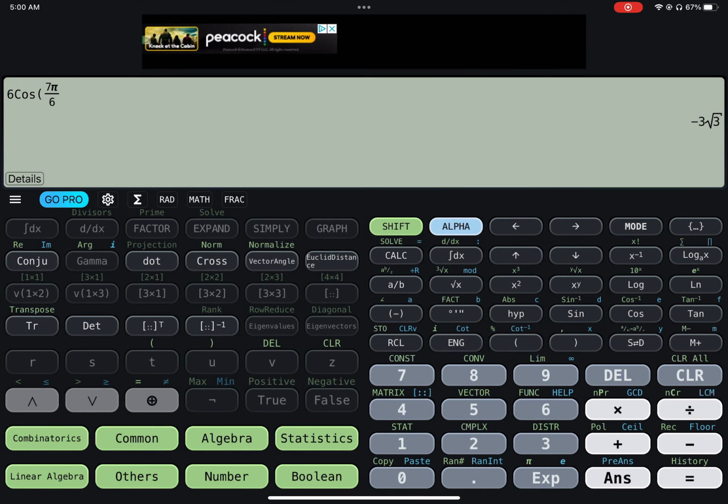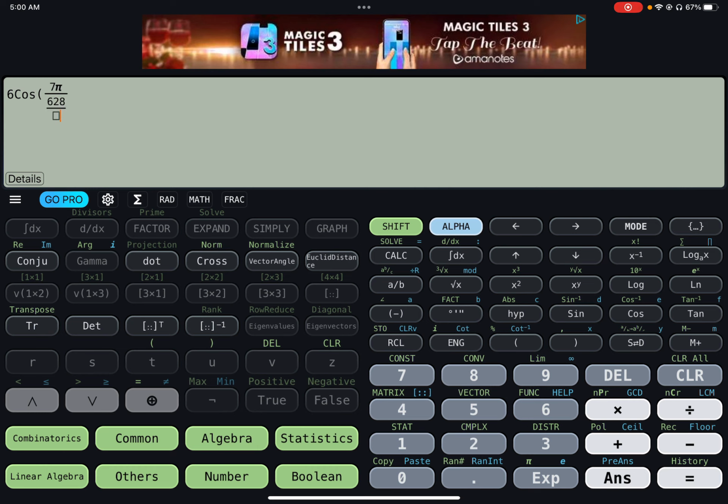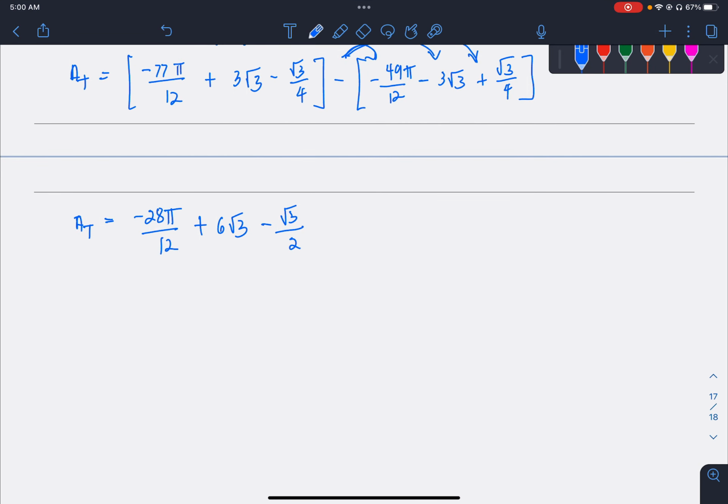So 28 all over 12, so it's 7 over 3. Negative 7 pi all over 3. And then this one, it's the same, 11 square root of 3 all over 2.